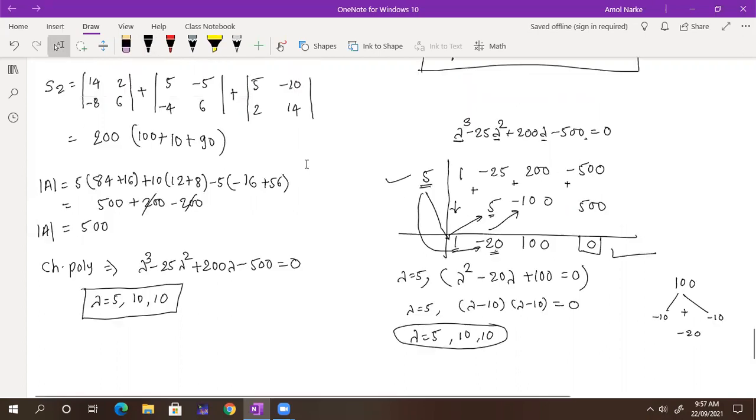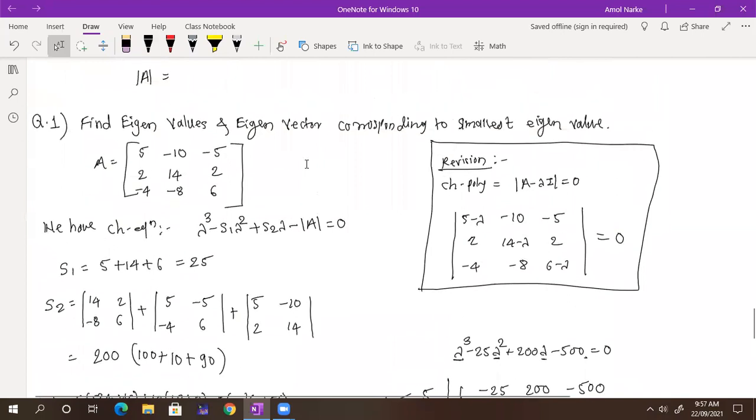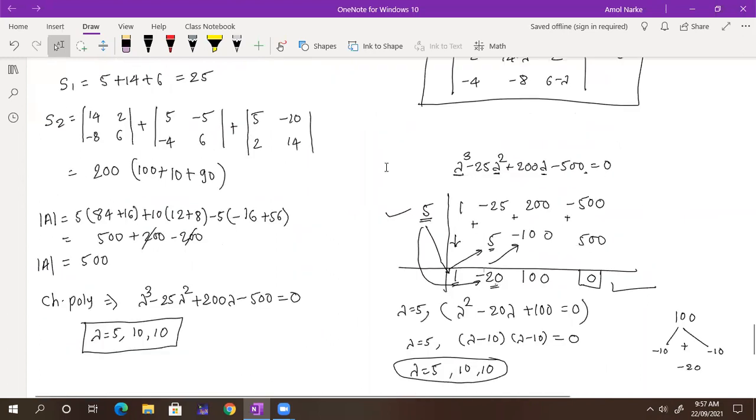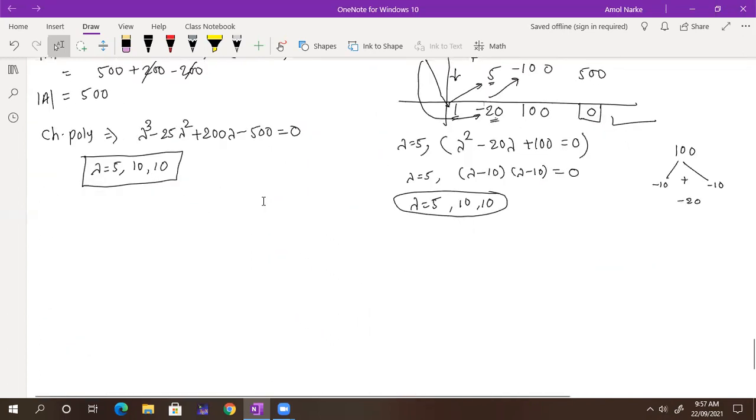But my problem is not over. What is my problem? Find eigenvalues and eigenvector. You need to find the eigenvector corresponding to the smallest eigenvalue. So what is the smallest eigenvalue here? Lambda is equal to 5.